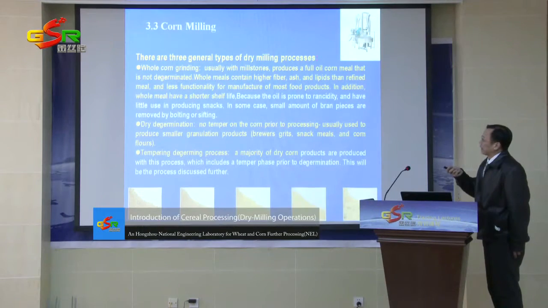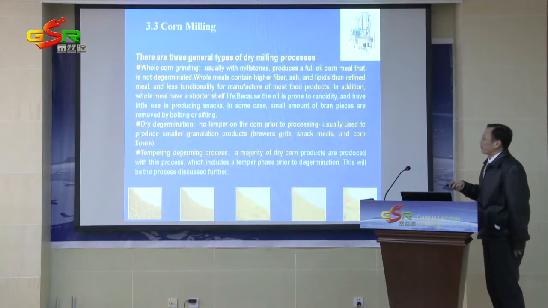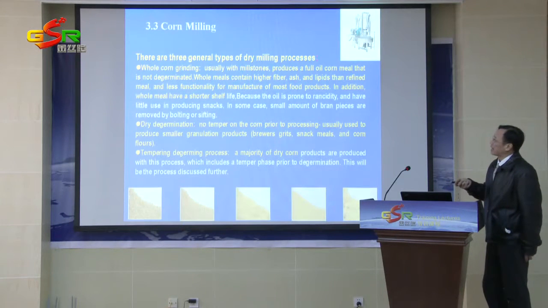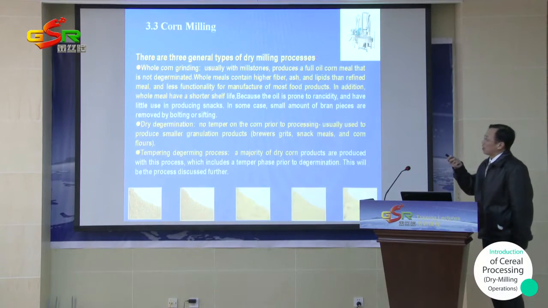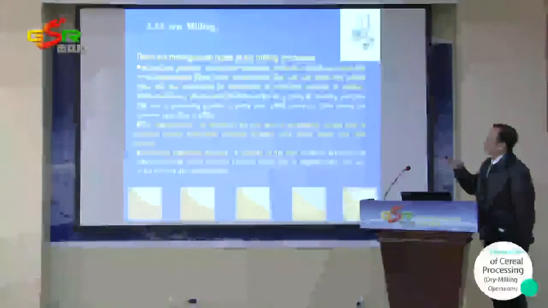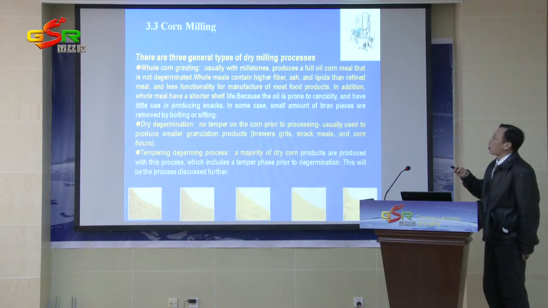And the whole meal contains higher fiber, ash, and lipid than the refined meal, and is less functional for the manufacturing of most food products, just because the whole meal from the whole corn grinding contains more fat. So the product from the whole corn grinding has a shorter shelf life.